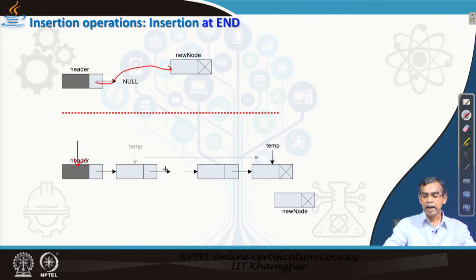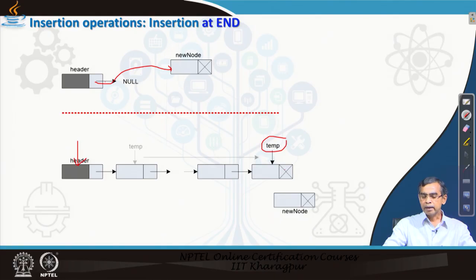So, you have to just have a loop traversing each node until you come to a node for which the next field is empty, and let the address of this node be named temp. Once you know this, then adding this new node into this list is very easy.